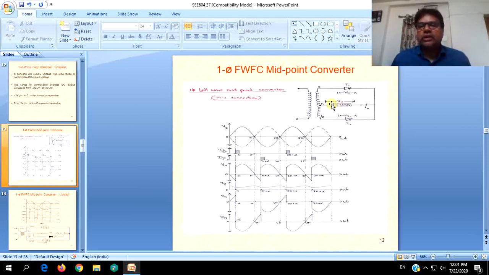Just go through it. In the positive half cycle, A acts as the phase and this point N acts as the neutral. When SCR1 is forward biased and conducts, current flows from A, SCR1, load and neutral back to A, in the direction right to left in this figure.